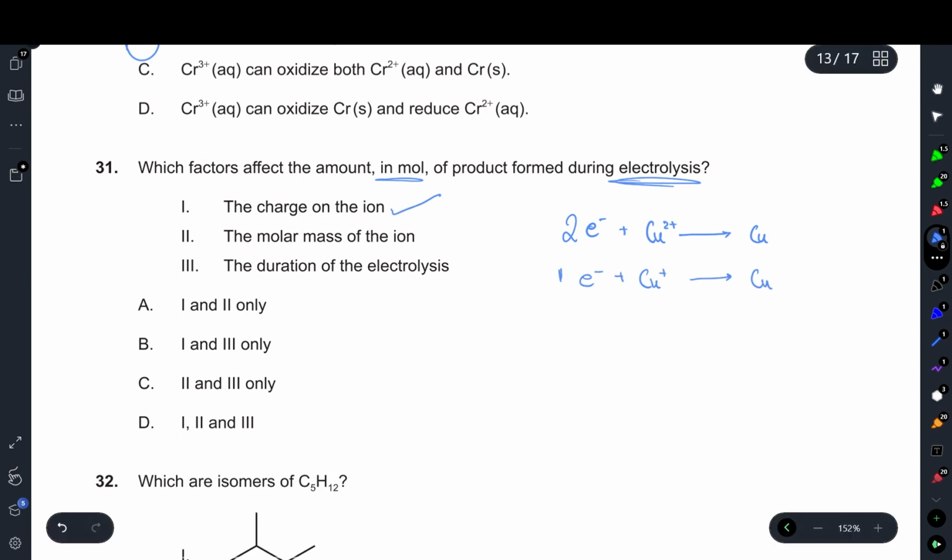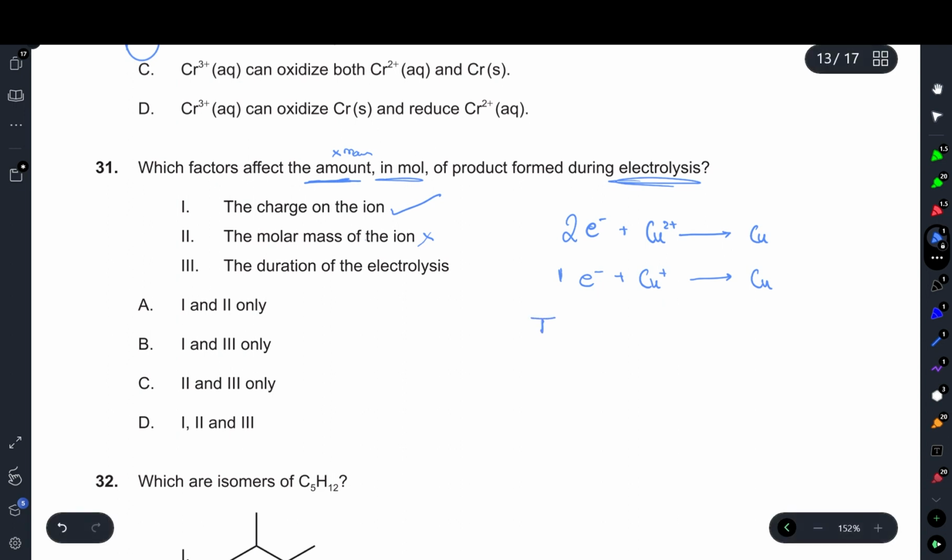Next, the molar mass of the ion. This would generally affect the mass of the product, but here we're looking at the amount, not mass. As such, this does not affect the amount in mole formed during electrolysis. Finally, the duration of the electrolysis. For this, we're going to write out a simple formula.